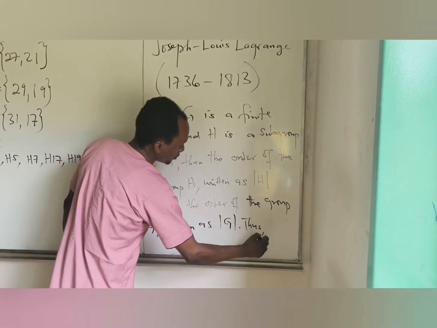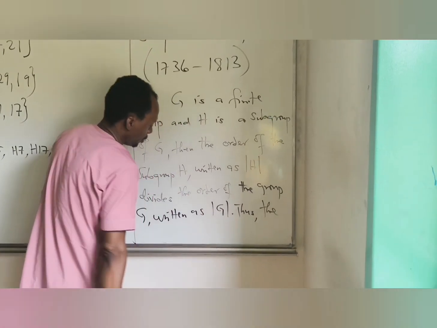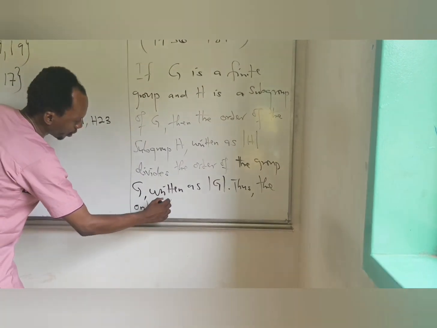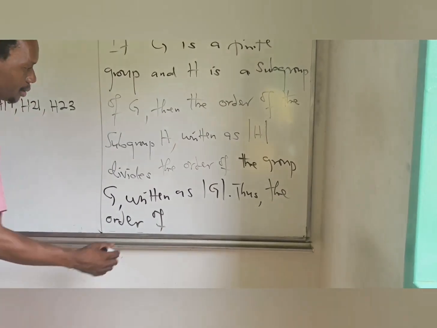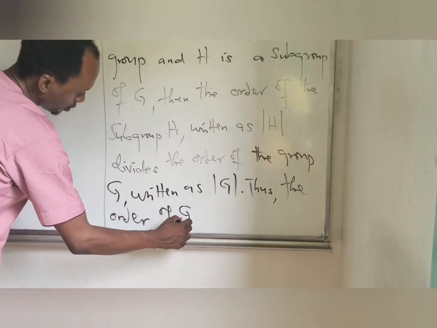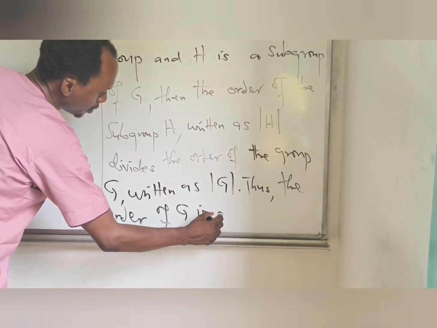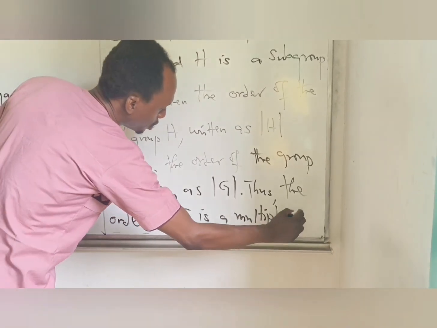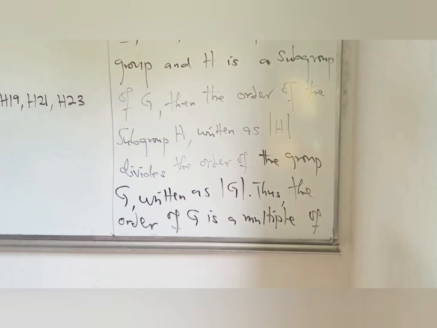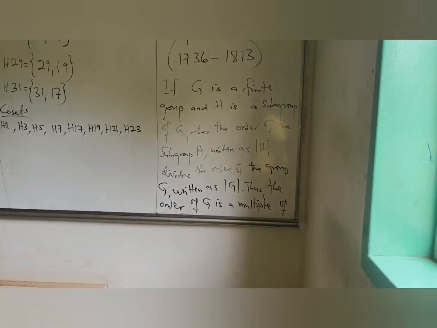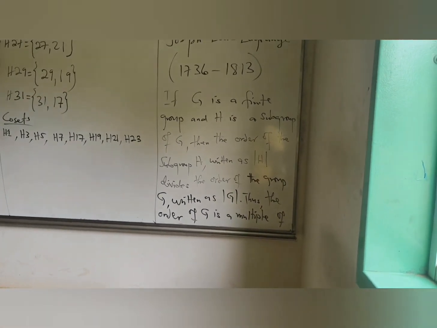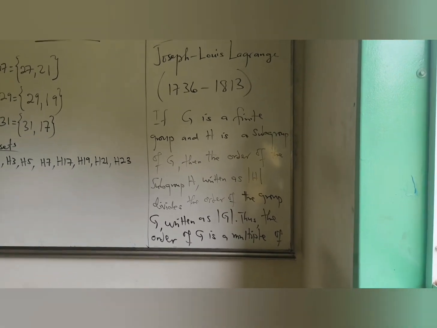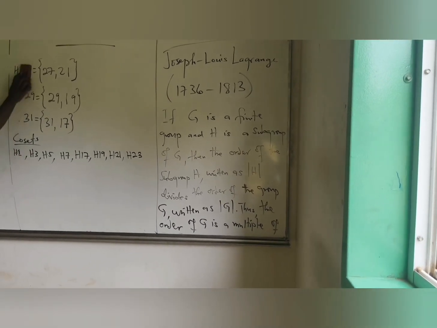Thus, we mean that the order of G is a multiple of the order of H. Something divides something simply means that the bigger one is a multiple of the smaller one.